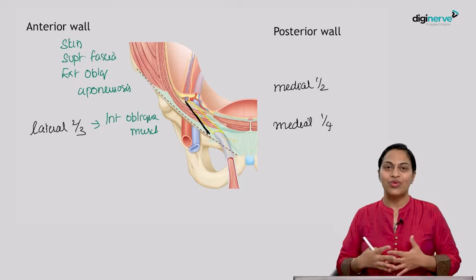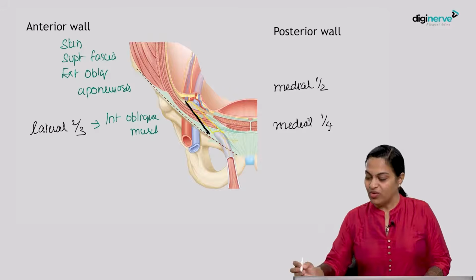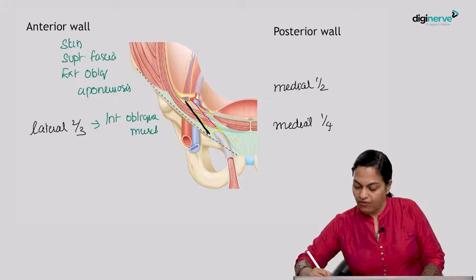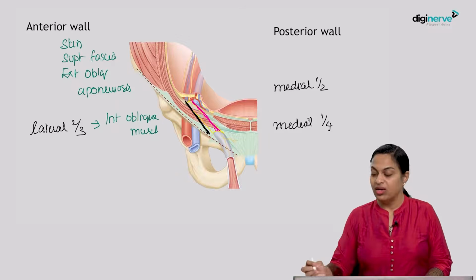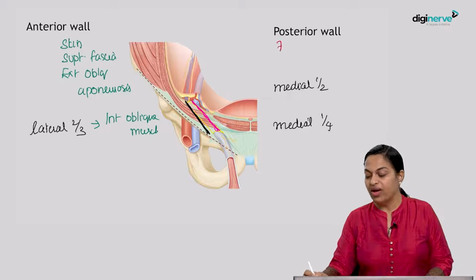All of their aponeuroses merge in the midline to form the linea alba. Coming to the posterior wall: the posterior wall of the inguinal canal, in its whole extent, is formed by the fascia transversalis.